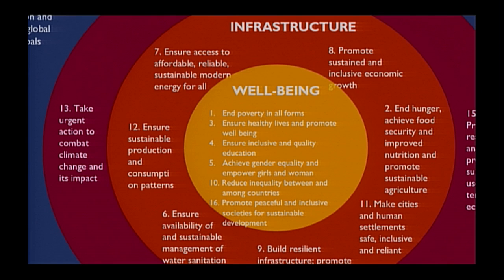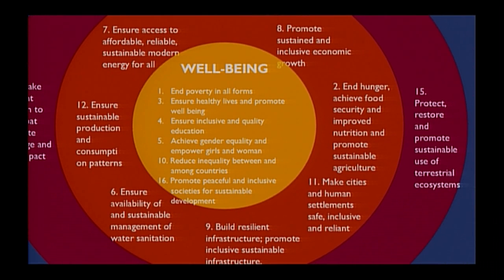We then have a look at infrastructure, which is the next ring around well-being. So you could imagine that infrastructure is actually important to have aspirations for, to ensure that we also address our well-being goals. So in the infrastructure ring around the diagram, we can see this relates to goal 7, around ensuring access to affordable, reliable, sustainable modern energy for everyone, while goal 8 is around promoting sustained and inclusive economic growth.